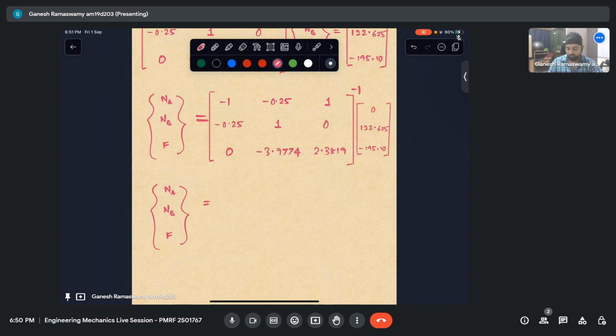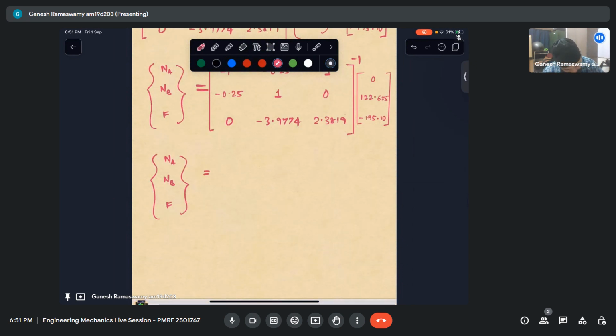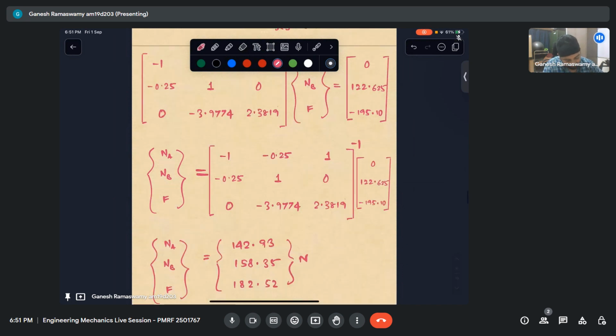A inverse B is, okay, so this comes out to be 142.93, this is 158.35, and this is 182.52 Newton. All are forces. So let us go ahead and look at the question, what it is asking.